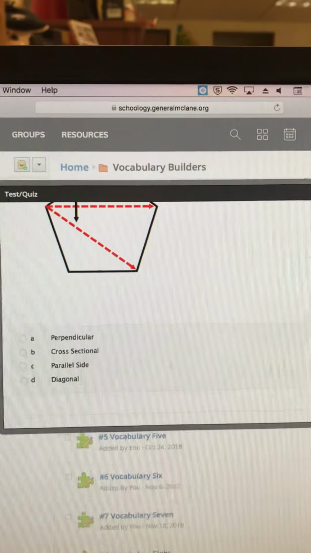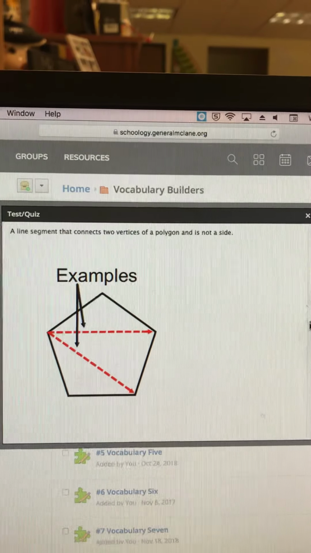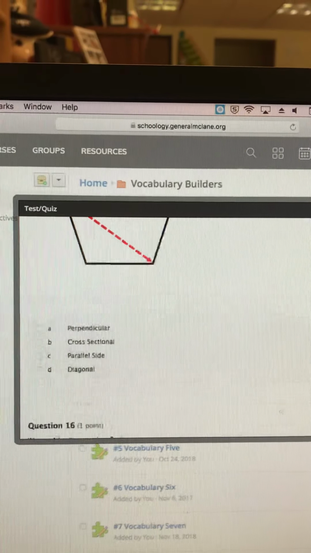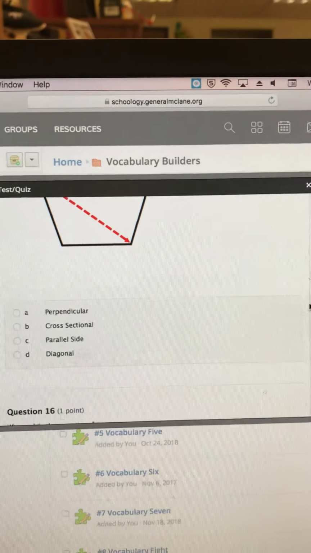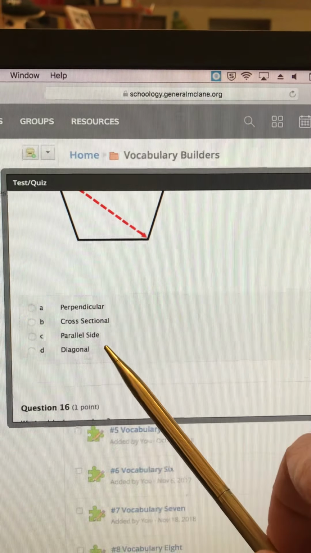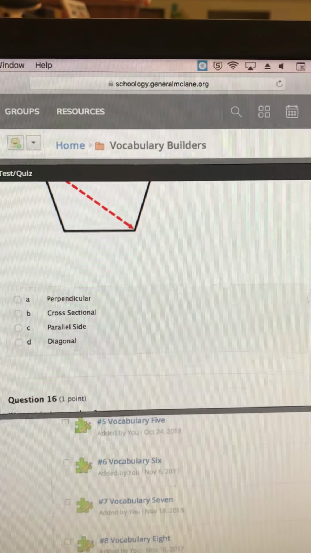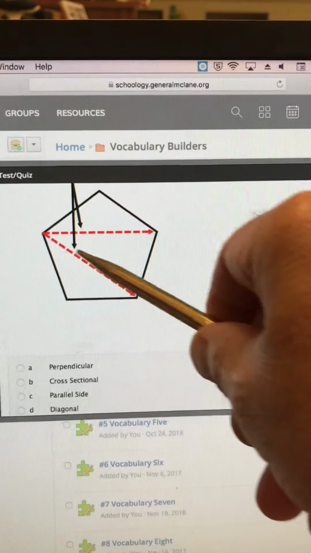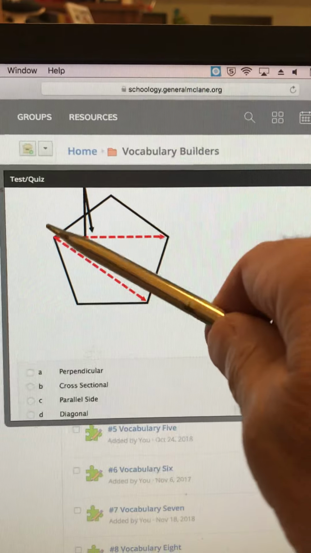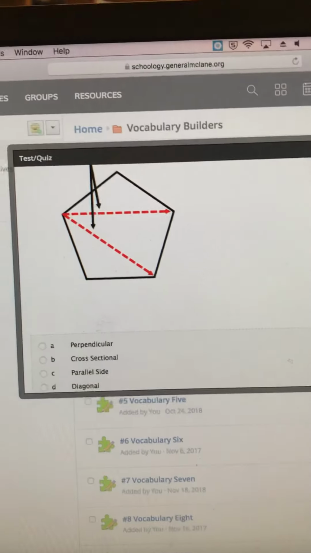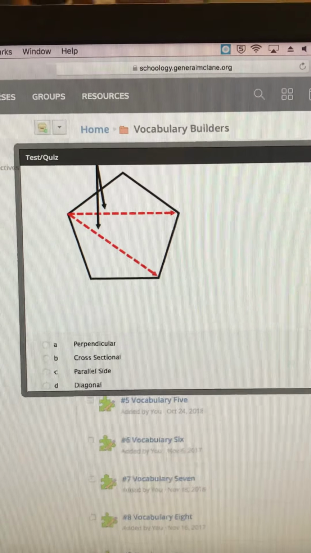So what's different about this is you don't get the term, you get the definition first, and you have to look up the term. In this case, you could probably eliminate perpendicular and parallel side, because the example here definitely isn't perpendicular, they're not right angles, and none of them are a side. So it's either going to be cross-sectional or diagonal.